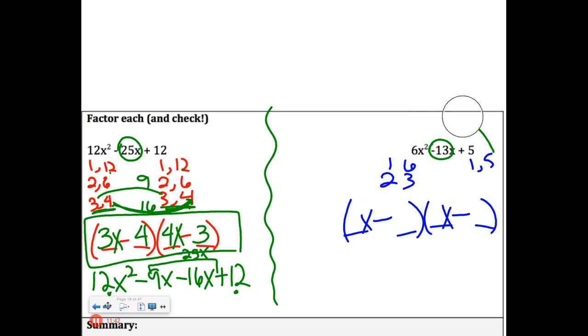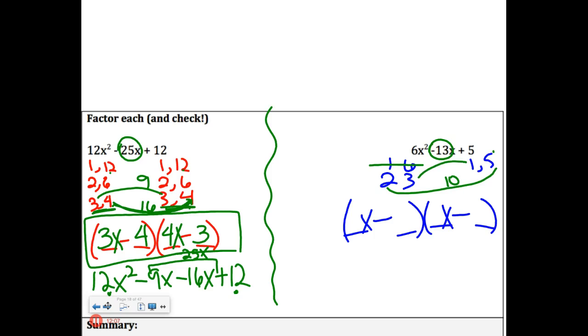Okay. And if I multiply the 6 by the 1 and the 5 by 1, well, that gets me 11. So I'm actually going to cross off this 1 and the 6. I don't think it's going to work out for us. If I look here, well, 3 times 5, that's 15. That's pretty close. So let's try the other way. If I multiply 2 times 5, that gives me 10.